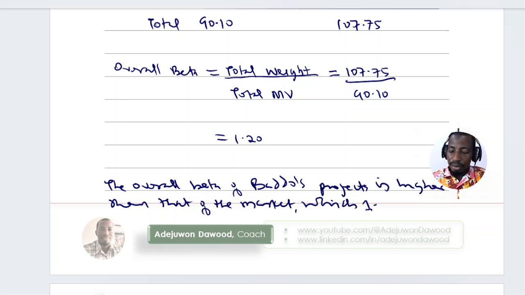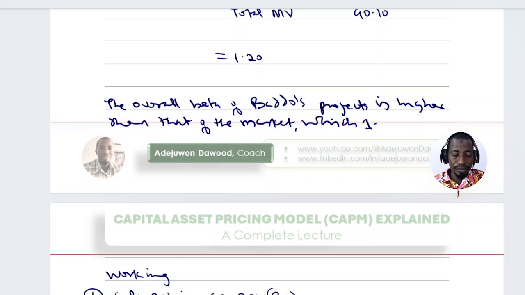Okay, so that means the risk associated with the projects is higher than that of the market. Okay, so that is that.